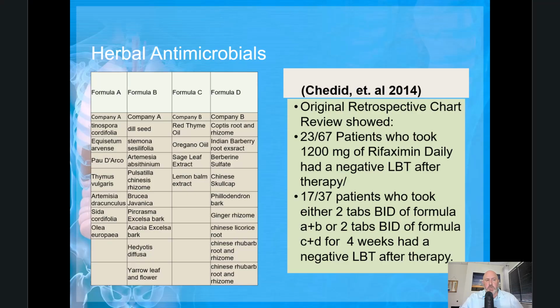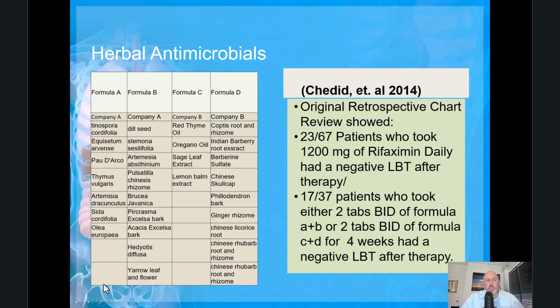These particular formulas were compared head to head with rifaximin and comparatively performed similarly. This was not a controlled study. However, it was a chart review of patients who had been on these formulas and retested for SIBO after being on them. The success rate was determined by these authors as comparable to Xifaxan.